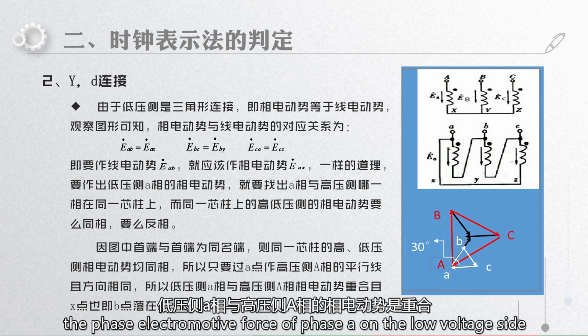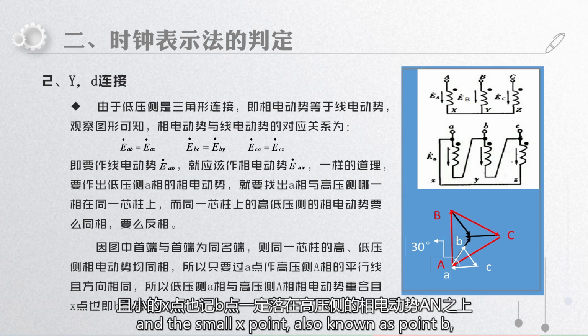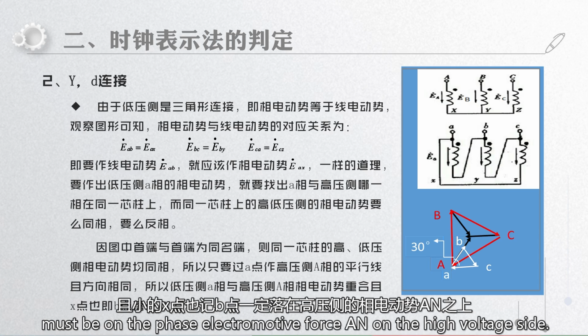Therefore, the phase electromotive force of phase A on the low voltage side overlaps with that of phase A on the high voltage side, and the small x point, also known as point B, must be on the phase electromotive force AN on the high voltage side.